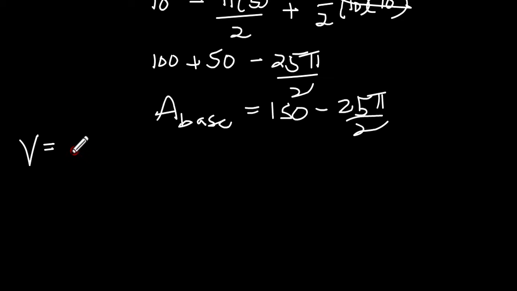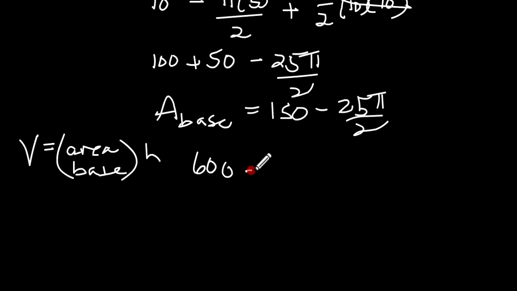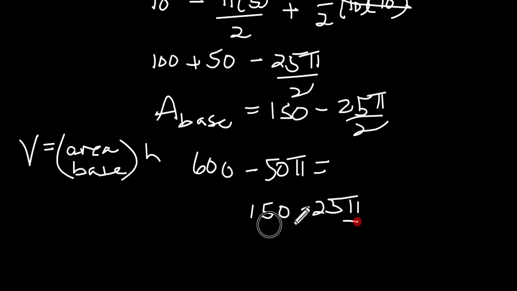It's not just the base, it's the area of the base times the height. So we know the area of the base, and we know the volume. The volume is 600 minus 50 pi. So the volume equals the area of the base, which is 150 minus 25 pi over 2, times h.